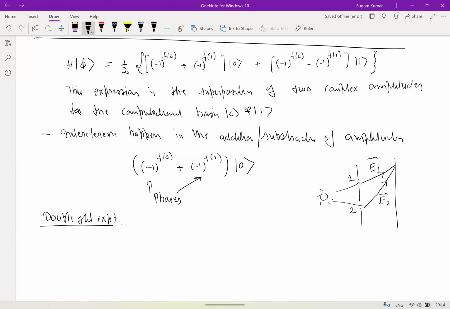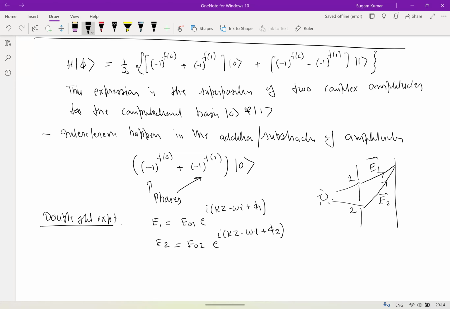How do we write down E1? E1 is written like some amplitude E01, e power iota (kz minus omega t plus some phase phi 1), correct? And E2 will be E02 e power iota (kz minus omega t plus phi 2).